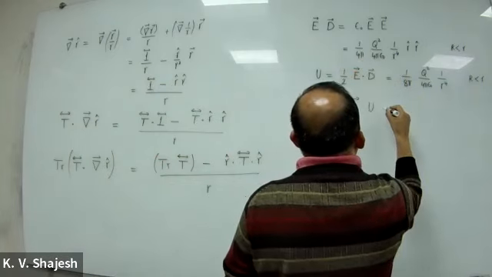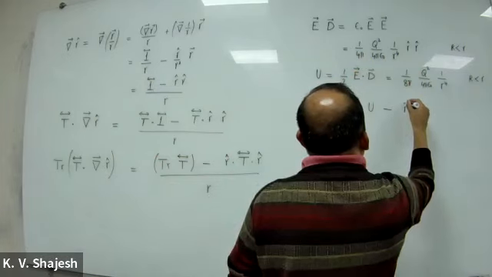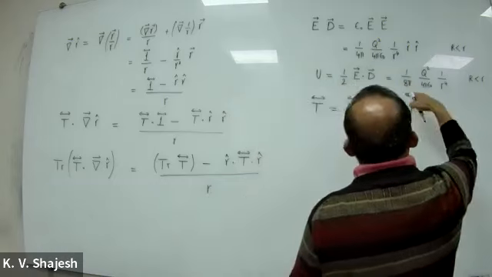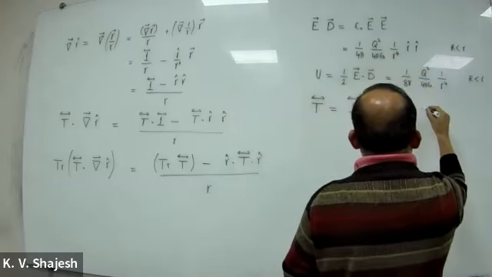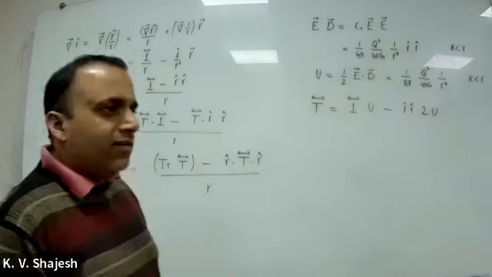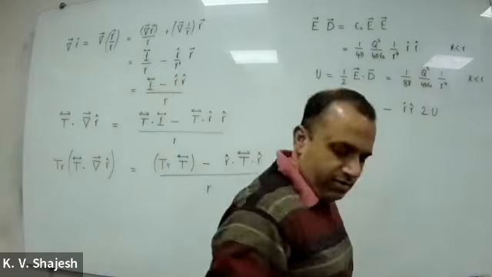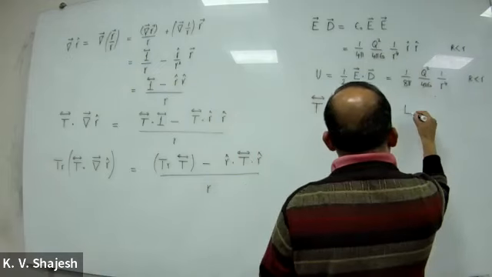So minus of r hat, and this is something 1 by 2 times U, right? Is that correct? Maybe. Oh, is that right? So maybe write this like this.